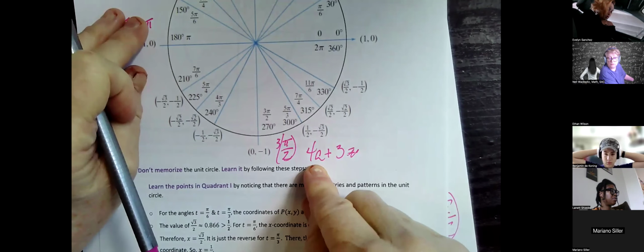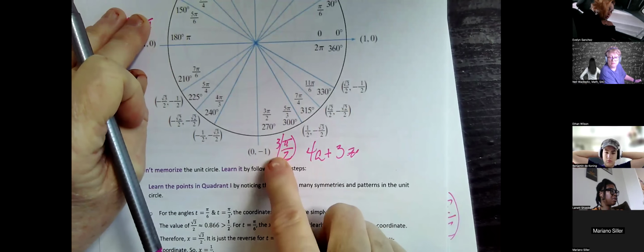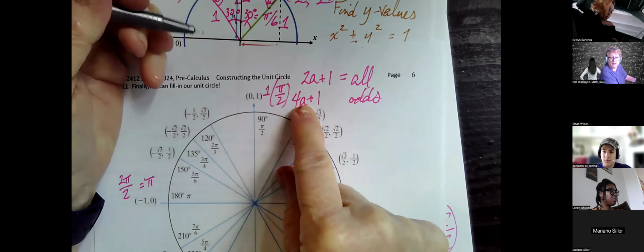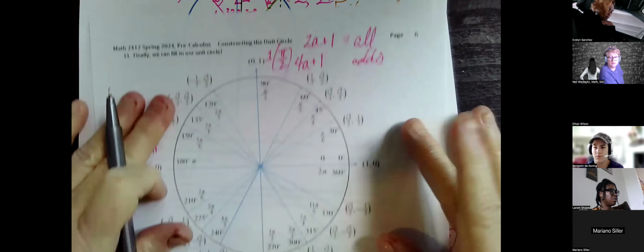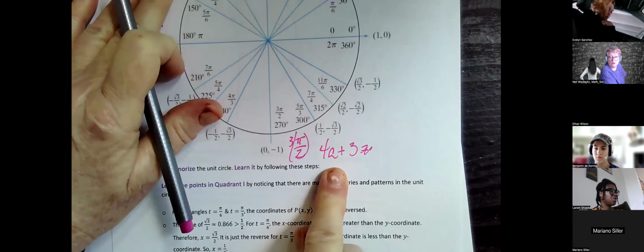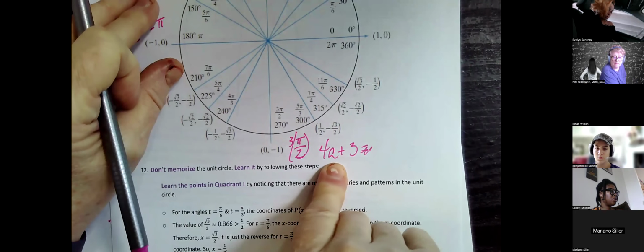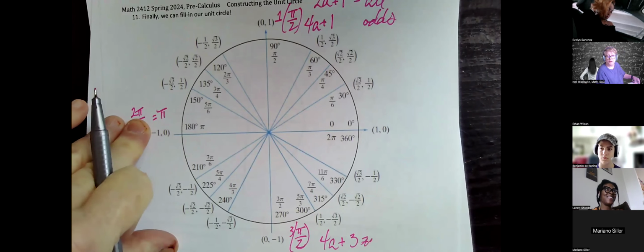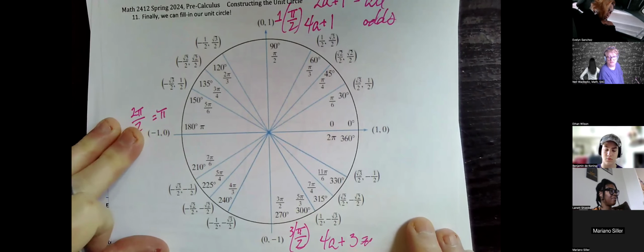If a is 1 down here, that's 7 pi over 2. If a is 2, we get 9 pi over 2. If a is 2 down here, we get 8 plus 3, 11 pi over 2. But you see how it goes. So if you know the value, you can figure out whether it's top or bottom.